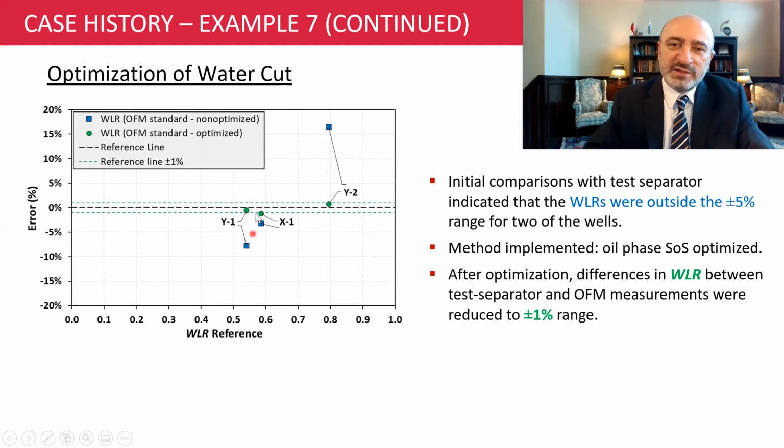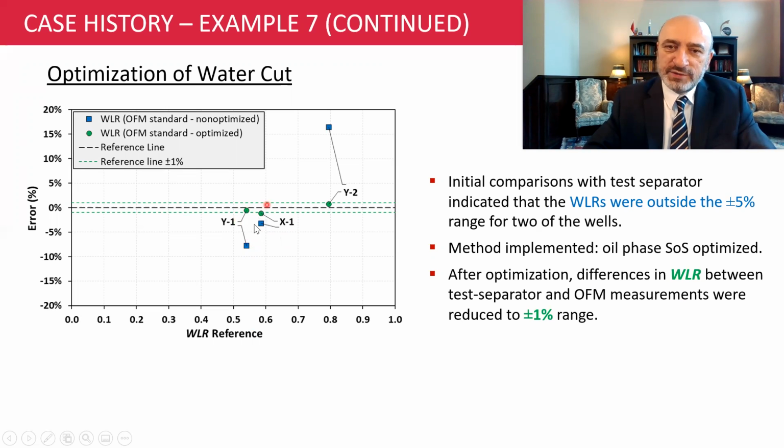If you look at well Y1, initially, before the optimization, the error in the water cut was around -8%. And after the optimization we have described in the previous page, the error percentage was brought down to within ±1%.